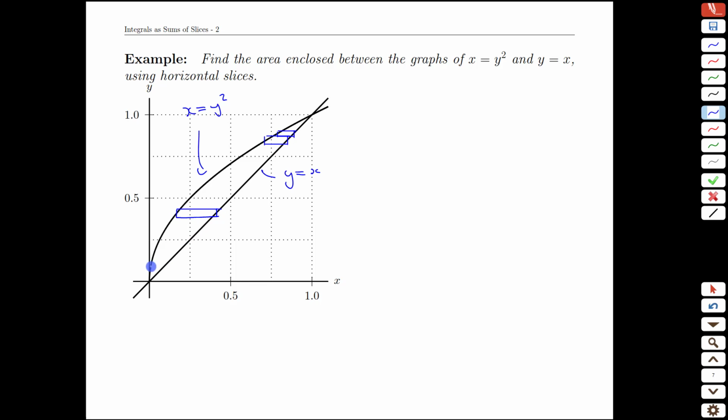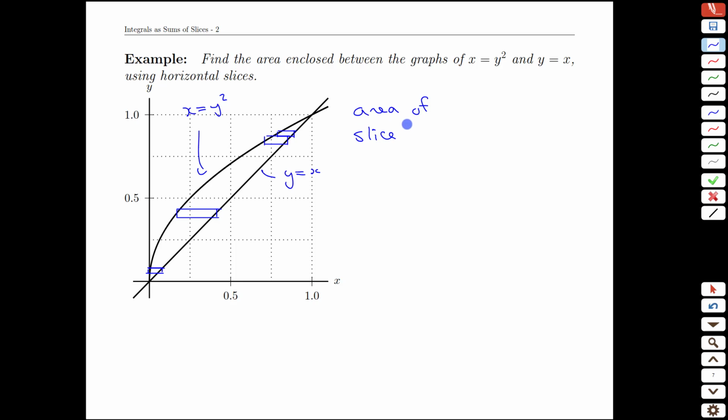And what we see is, depending on where we draw our slice, we're going to get different widths. And width here means the horizontal distance. So our next step is to find a formula for the dimensions, and in particular for that width.